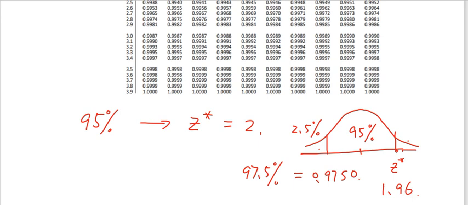So for 95% confidence, this star can have two answers, can be 2 or 1.96. More precisely, we should pick this star as 1.96.